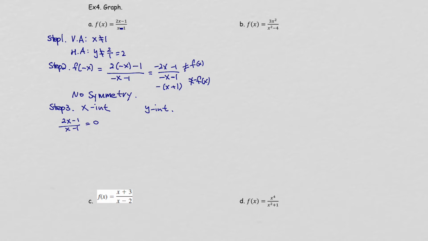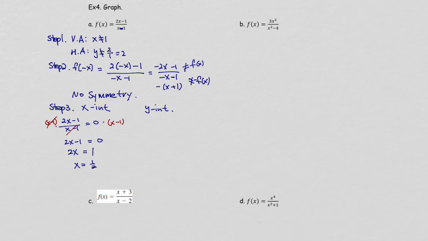When you multiply both sides by x minus 1, the denominator cancels out, and you will get 2x minus 1 equals 0, because 0 times any number is just 0. So for x, you're going to add 1, divide by 2. So 1/2 will be the x-intercept.